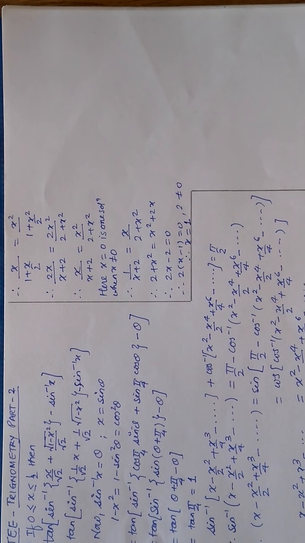So you get the two solutions over here, that x is equal to 1 and x is equal to 0. Okay, there is no condition mentioned over here, so both the solutions are apt. So you get the two answers over here where x is equal to 0 and x is equal to 1.